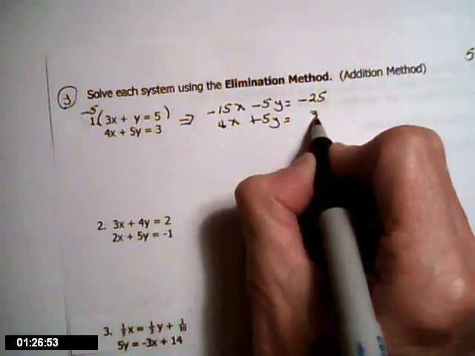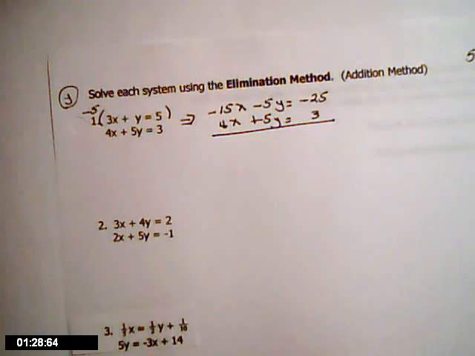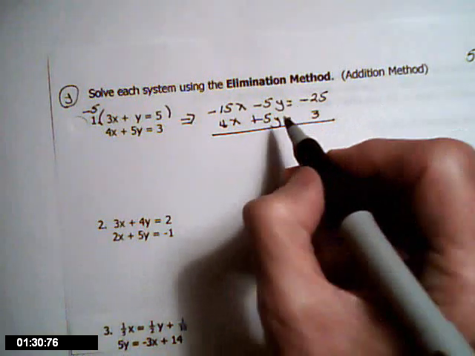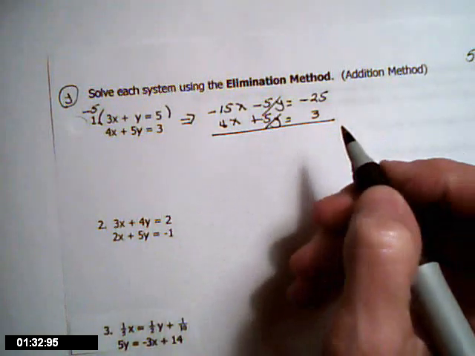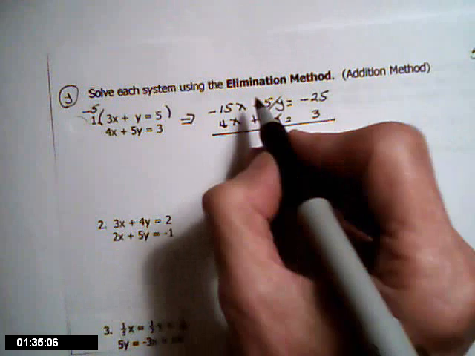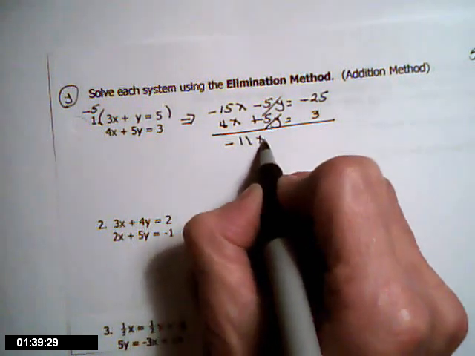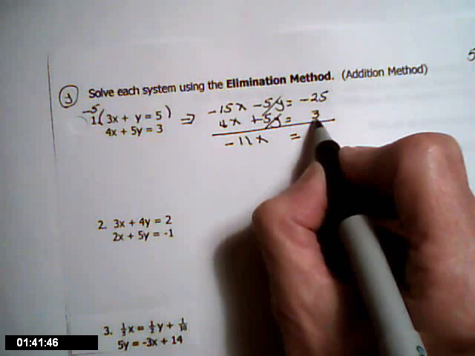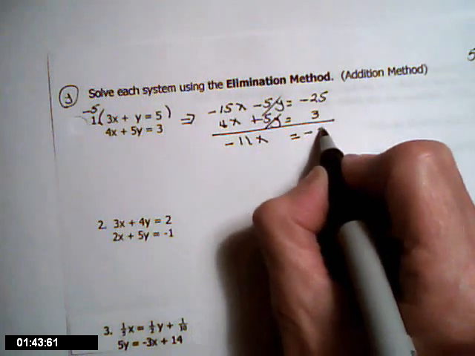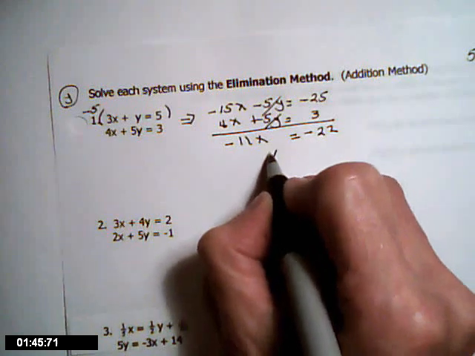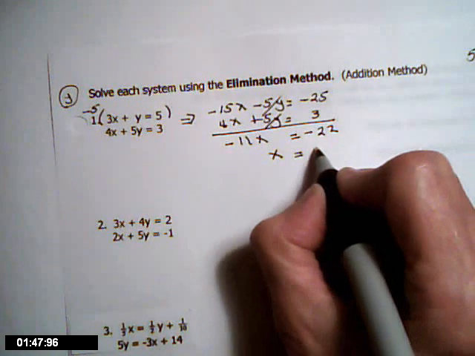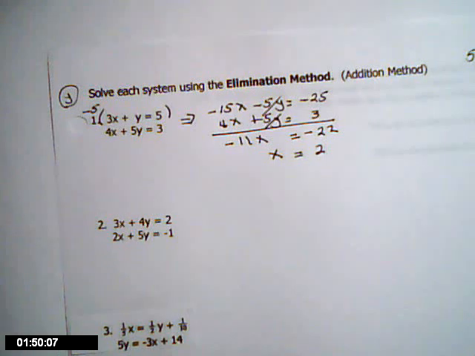Sometimes I'll have to change both. Now remember, I said I wanted to eliminate y. If I add 5 to negative 5, that becomes 0. Now let's continue adding. Negative 15 to 4 is a negative 11x. Negative 25 added to positive 3 is a negative 22. I need to solve. If I divide by negative 11, that would be x equals 2.